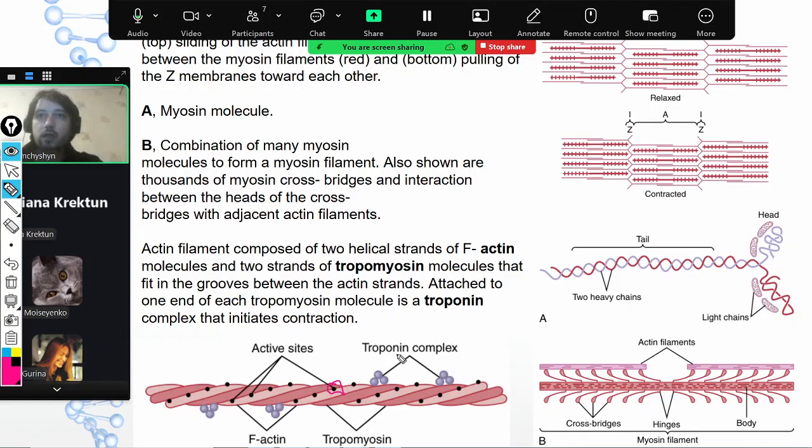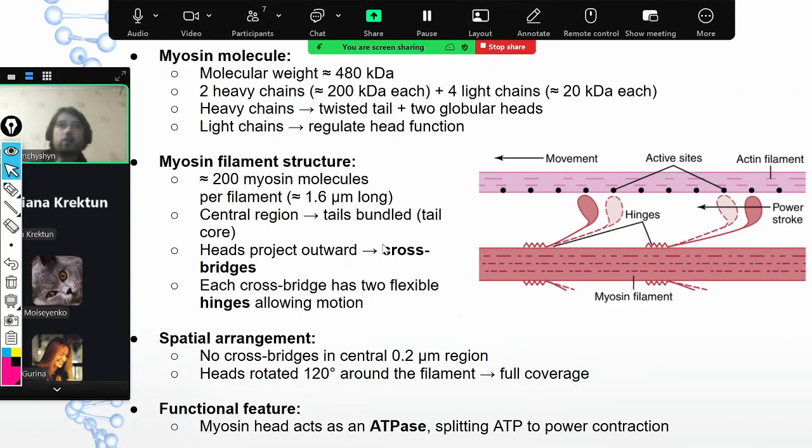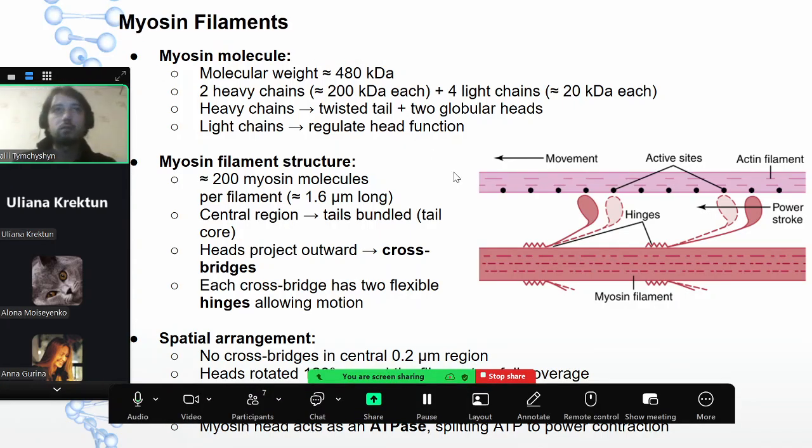And here you see the troponin complex. This whole thing is called the tropomyosin, and depending on the concentration of calcium inside the cell, you have these active sites either hidden or revealed. So depending on whether you need to perform some action or not, you will have these sites hidden or revealed to the heads of the myosin.